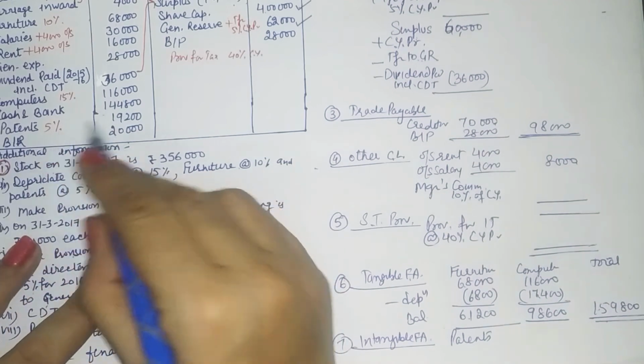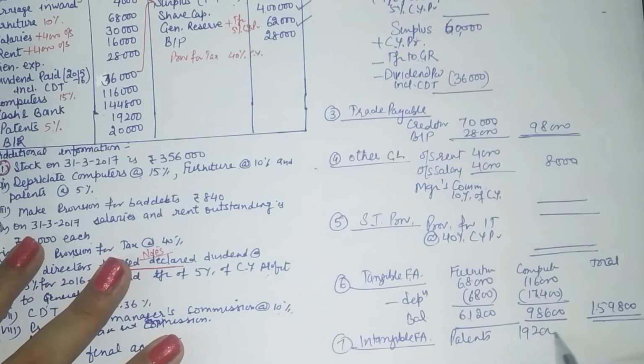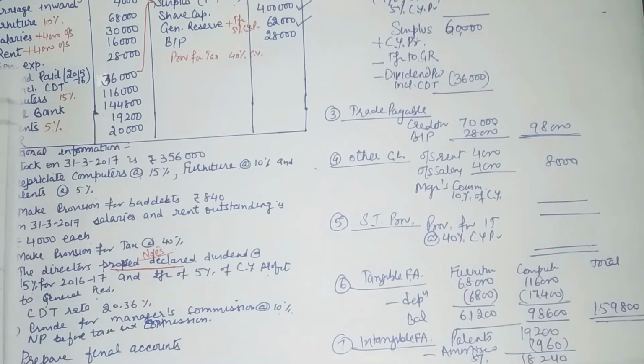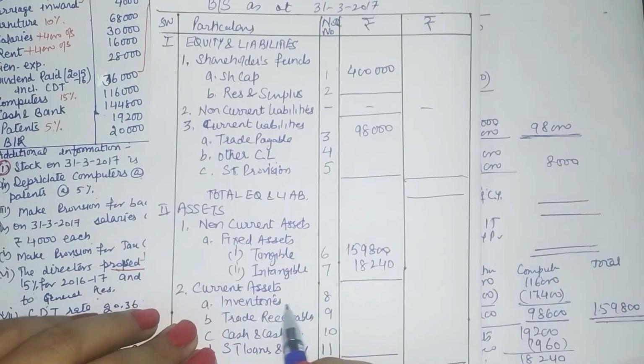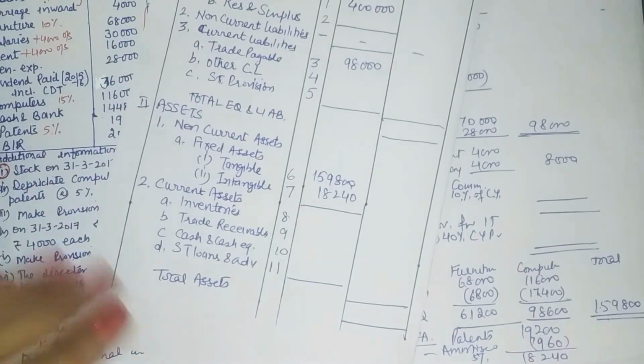Patents are given 19,200 with 5% depreciation or amortization. So less amount to be amortized 5%. So that will make it 960. So you are left with 18,240. So this will be put here, 18,240. Next is inventories. So let us take up the inventories.